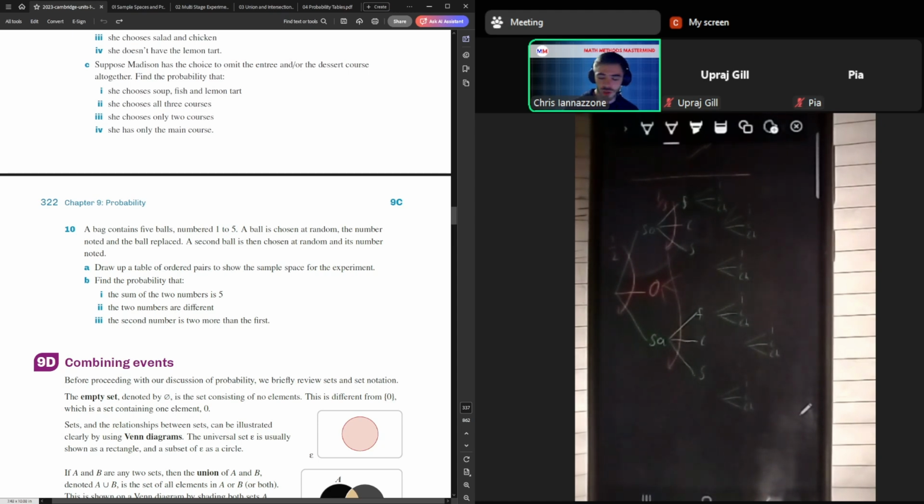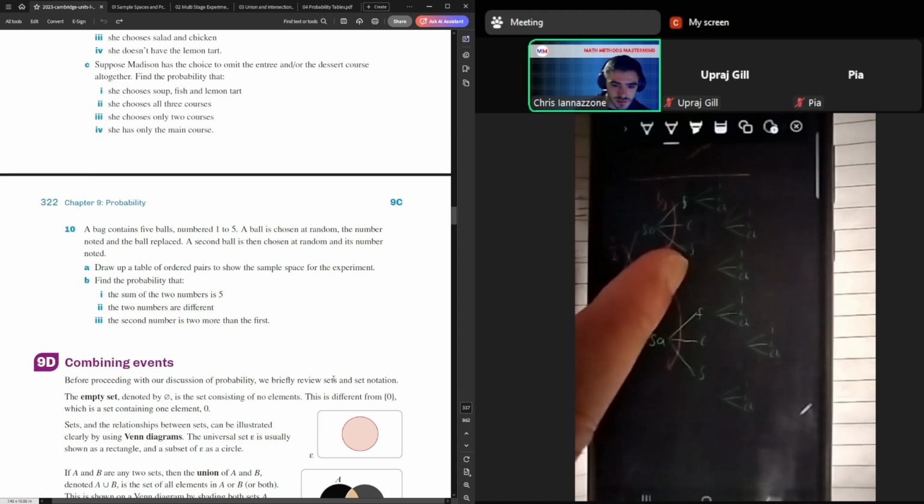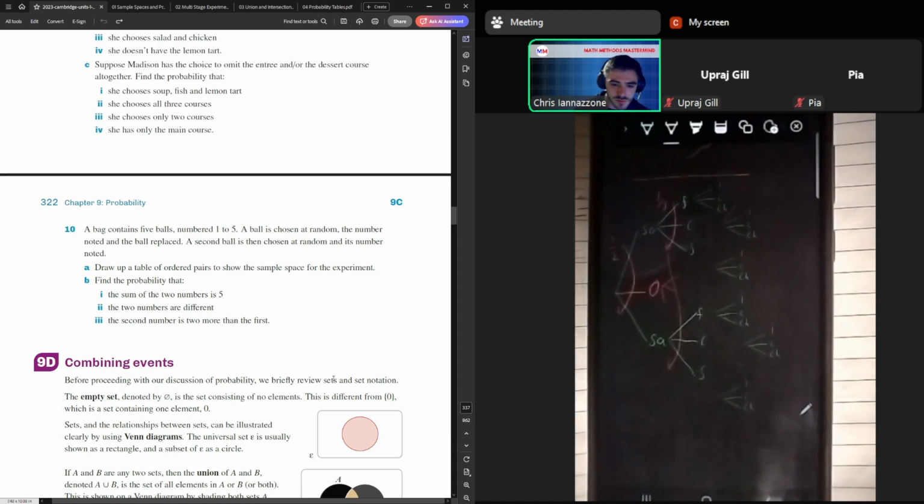The point being, this is at least the intended way of thinking about it. So basically, 1 out of 3 from the entrees, mains aren't touched, 1 out of 3, and then 1 out of 4 for the desserts. Multiply all those together, you're going to get your 1/36.